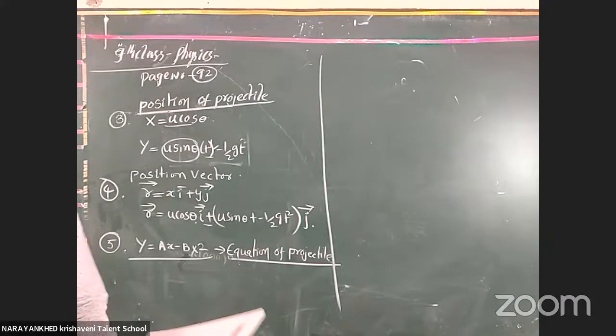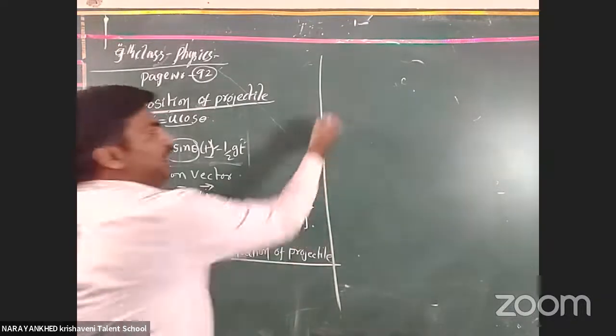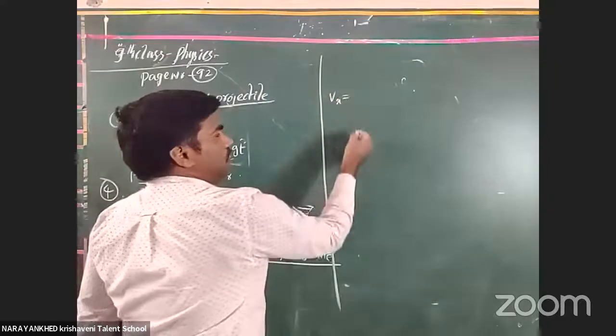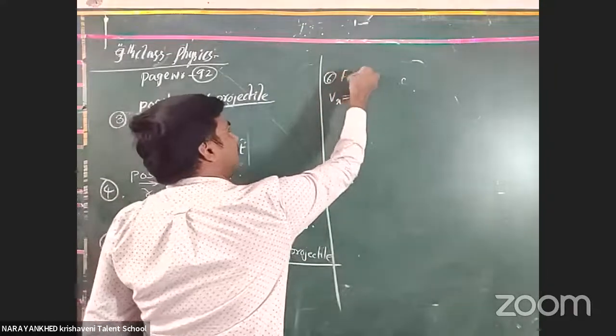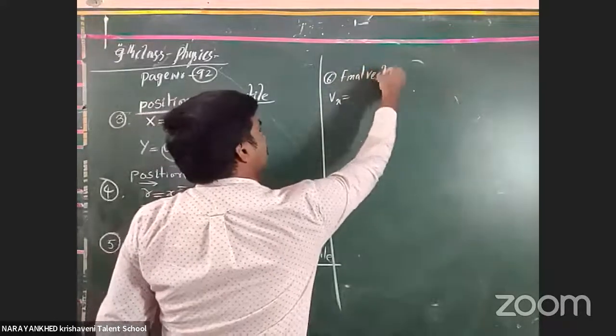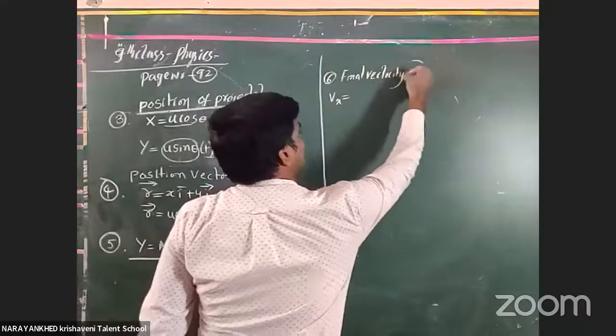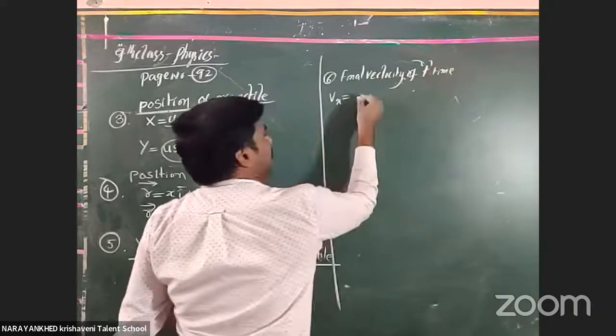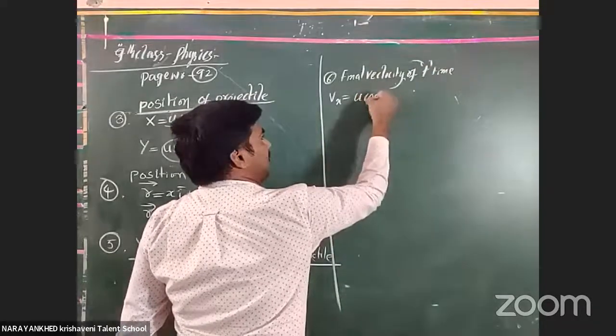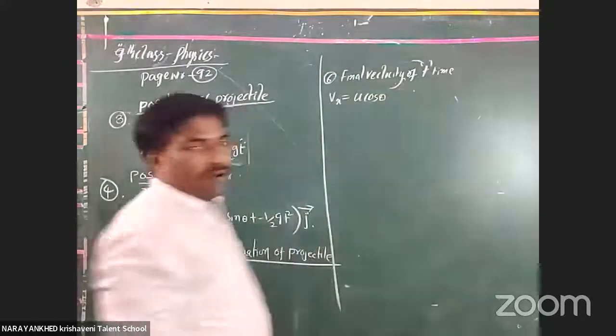Velocity of the body after time t. That is the final velocity, the sixth component: final velocity after t time. It is equal to Vx is equal to u cos theta.